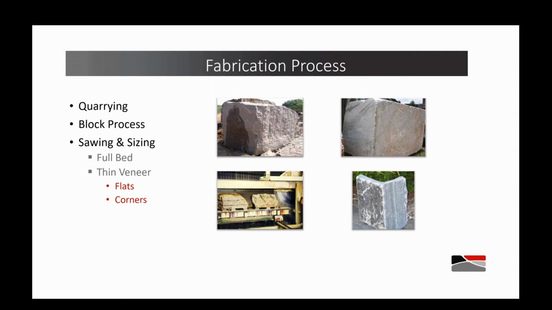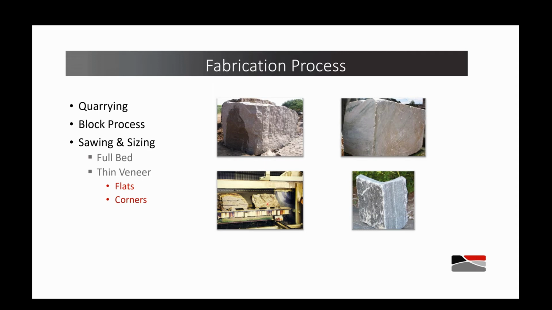The block on the top right is the same block as the one on the top left. That's after it's been dressed. So one of the first things they do when they get the raw blocks out is dress them, even them up, and at that point they decide what we're going to do with this particular block of stone.